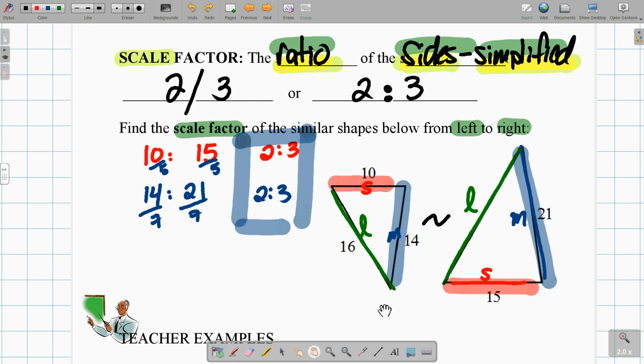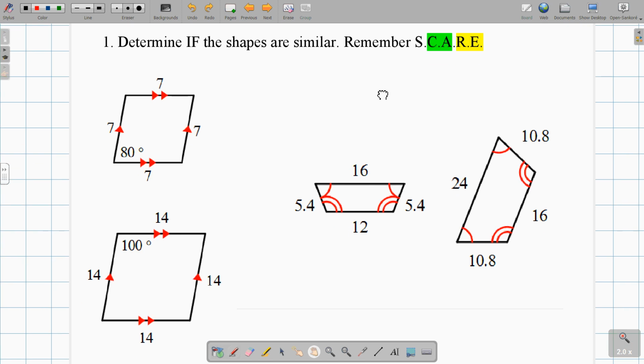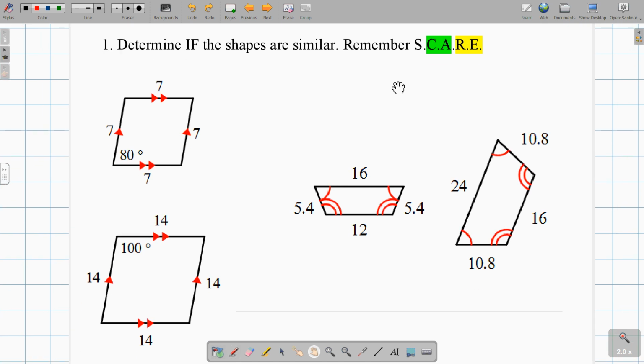Let's put this into practice. We're going to determine if the shapes are similar, and we're going to do that by checking for SCARE: congruent angles, and then ratios equal.